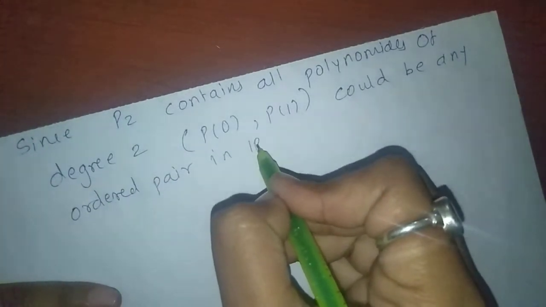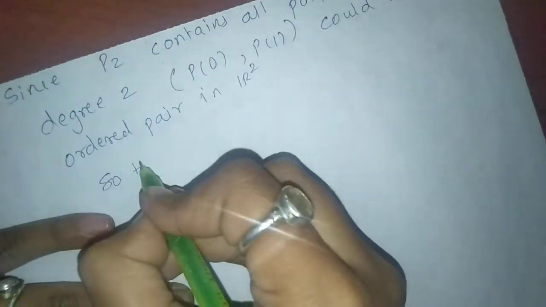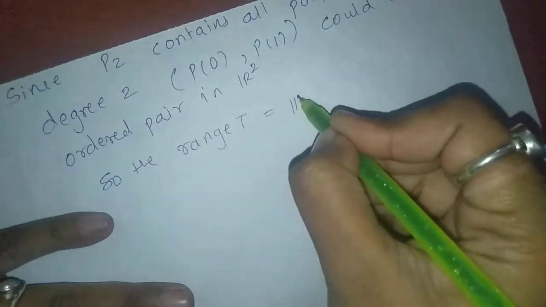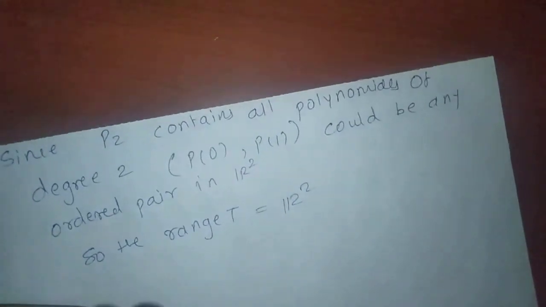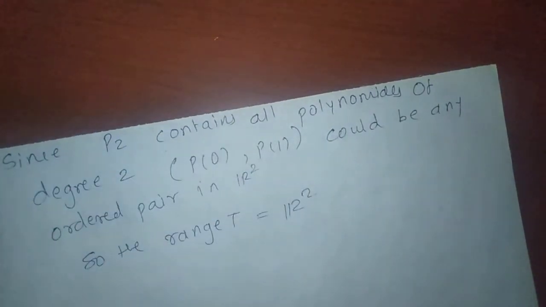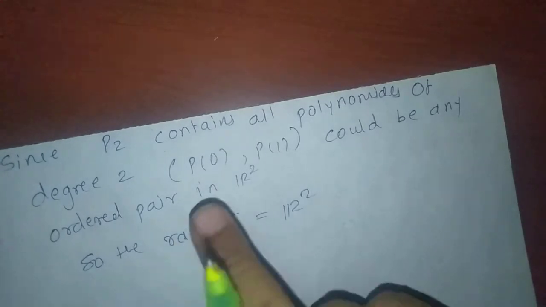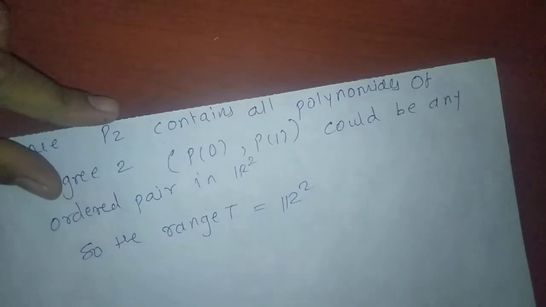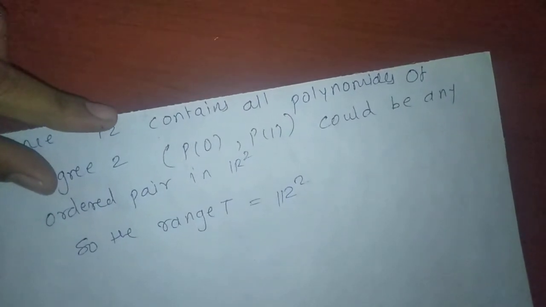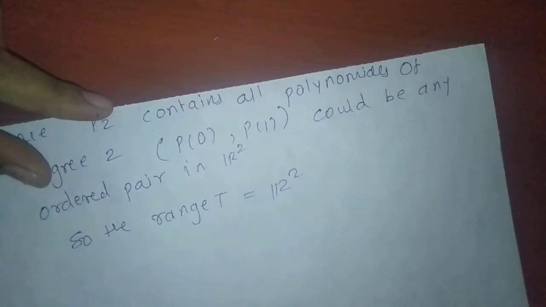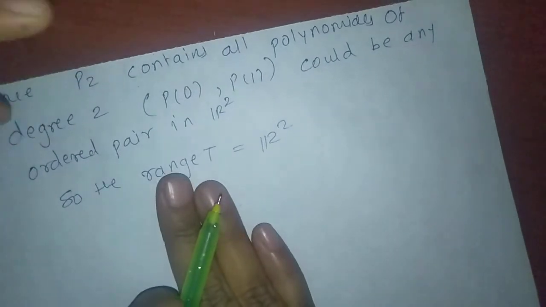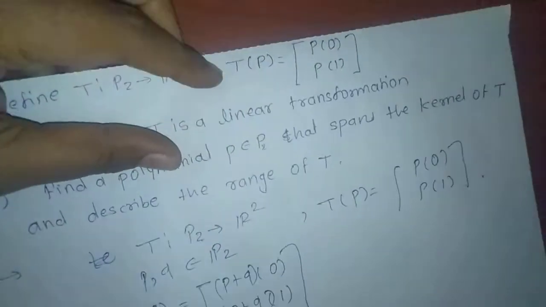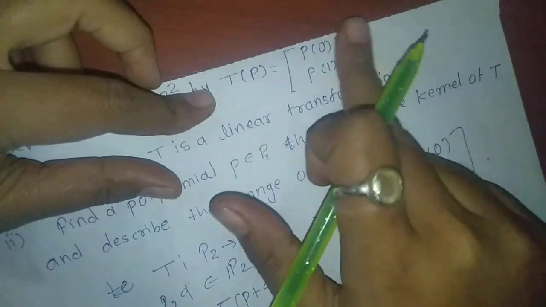So the range of T equals R2, because when we take a polynomial from P2 and put the variable equal to 0 and 1, we get two entries which belong to R2. So the range of T equals R2. Range of T means the image of T.